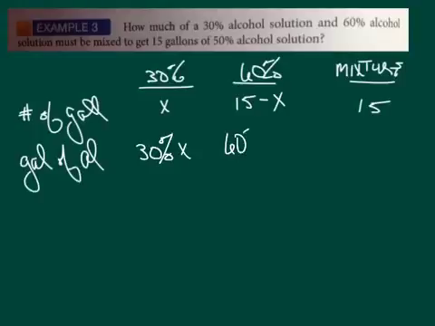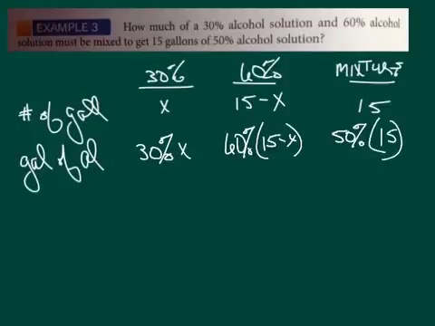And when we take our 60% times how much is in that container, we'll have just our alcohol there. And over here we said we wanted a 50% alcohol solution, so 50% of the 15 gallons will give us just how much alcohol is in there. 50% of that 15 is pure alcohol, and the other half is who cares what. So again, let's change these to decimals.